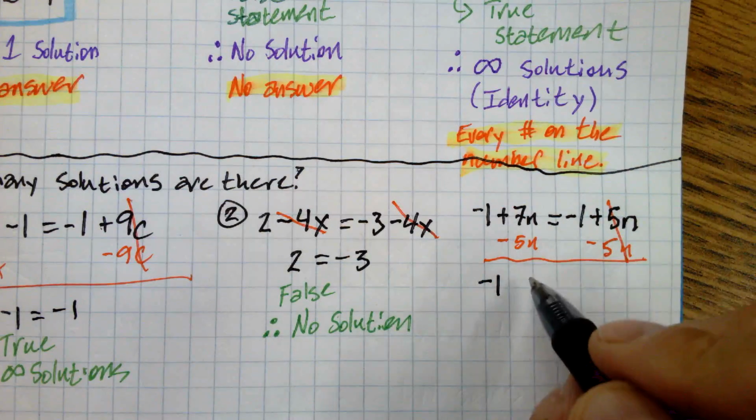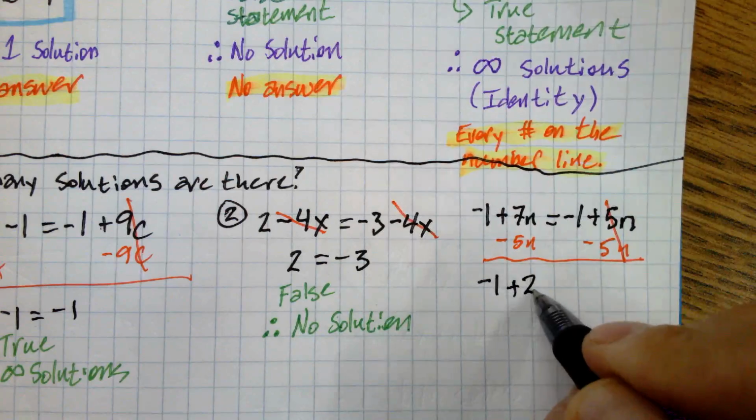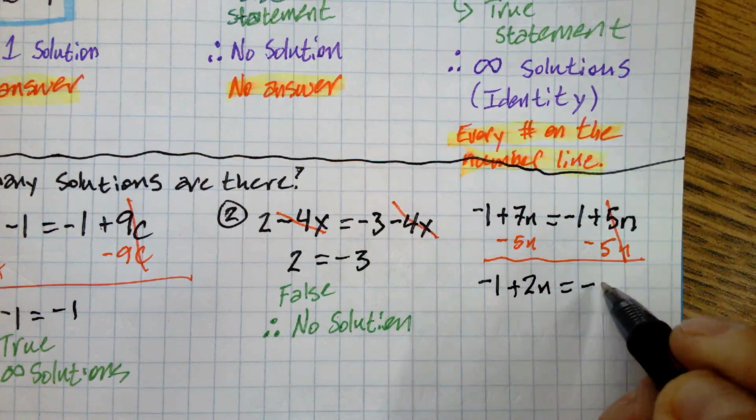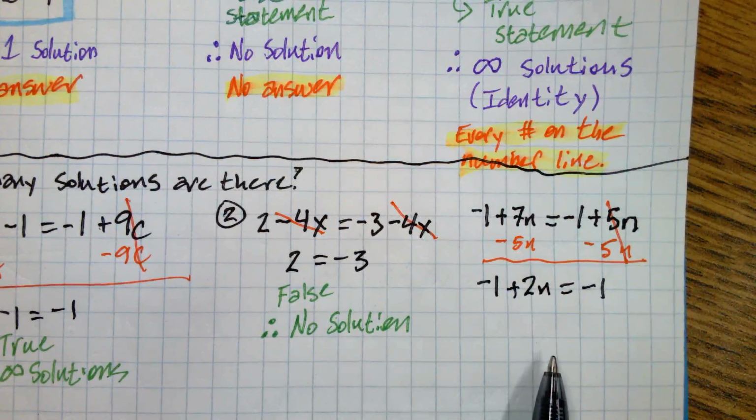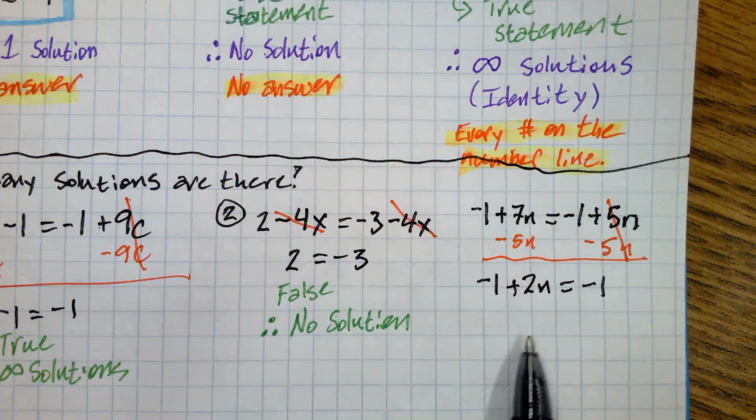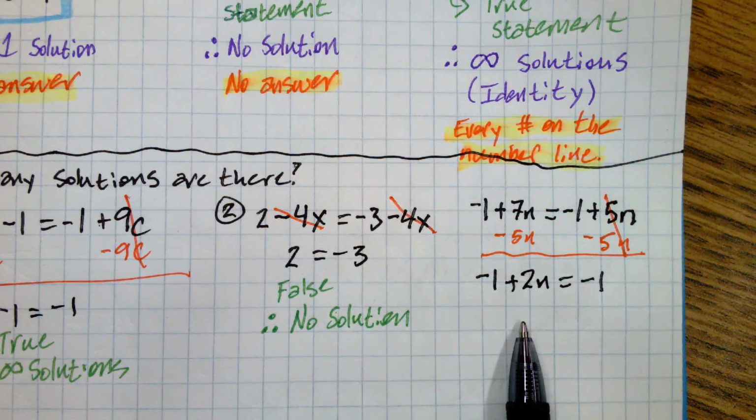Well, we don't know what the variable is going to be until we do this step. Do you see that now that I remove the variable from the right side, I still have a variable on the left? Once you get to this point, you know that there's one solution. Because, yeah, it's going to be 0.